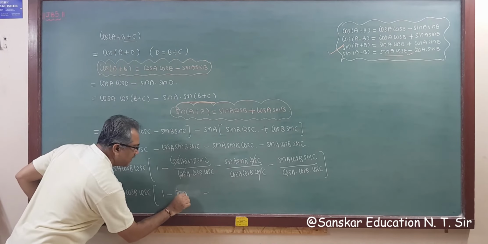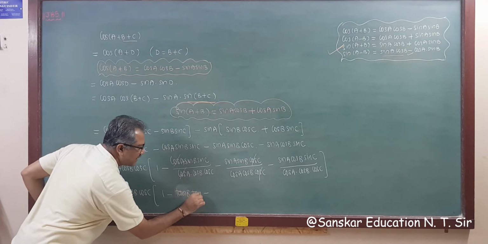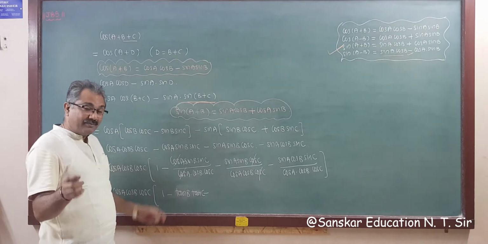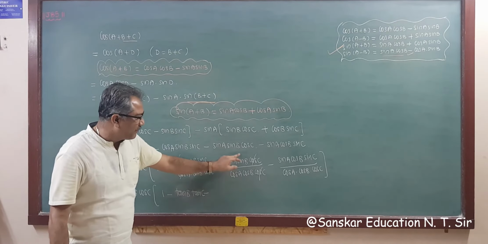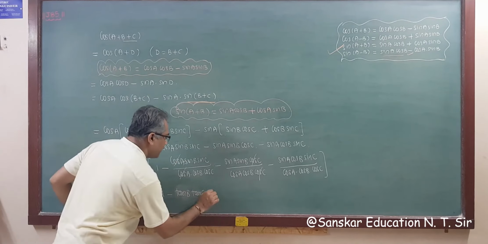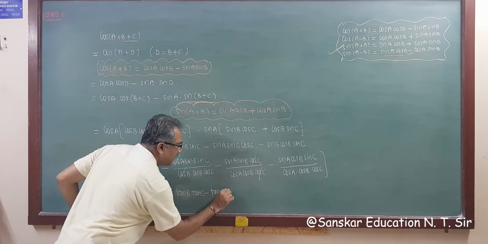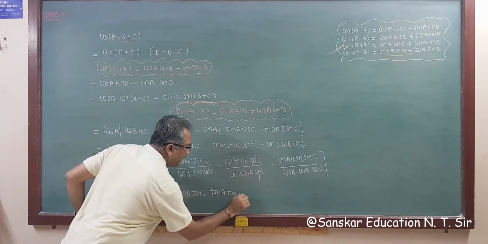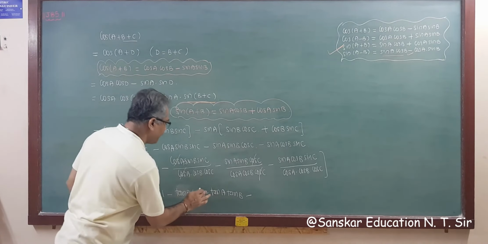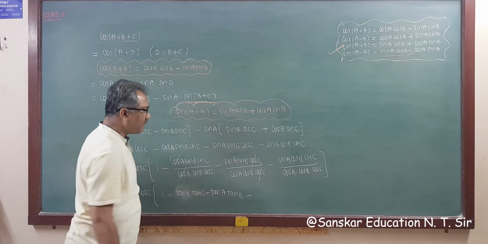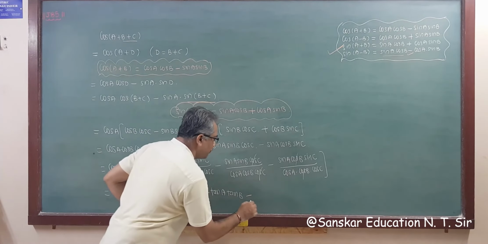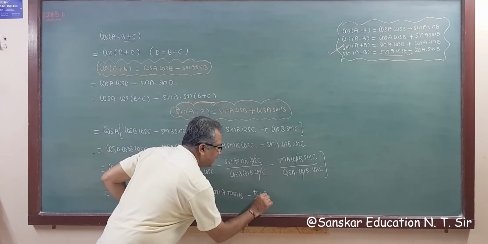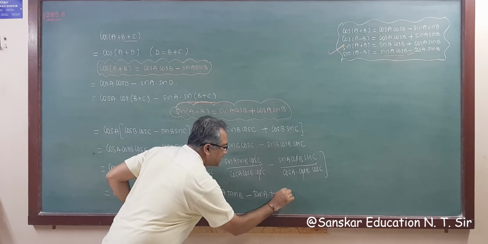So this is 1 minus tan B tan C. Again sin upon cos, that is minus tan A tan B, and here cos B will be cut, so minus tan A into tan C.